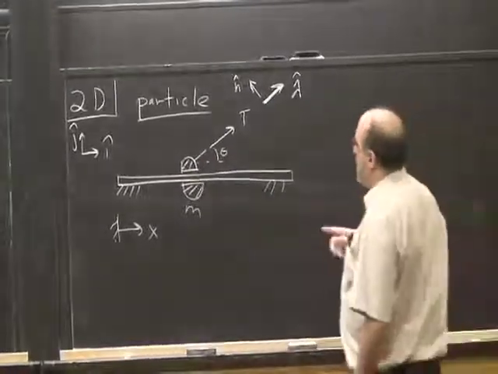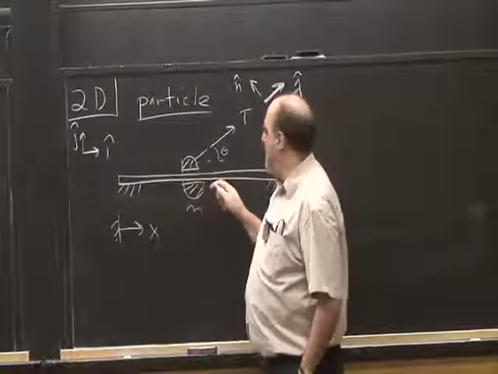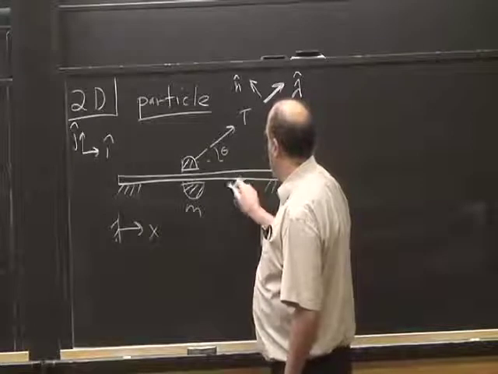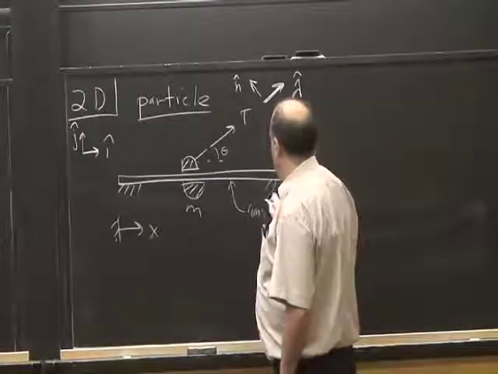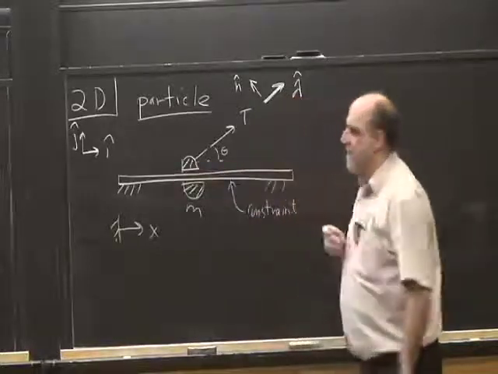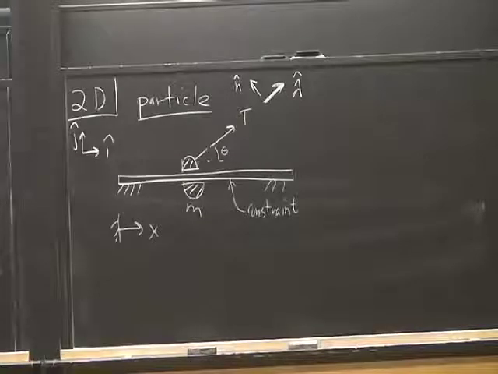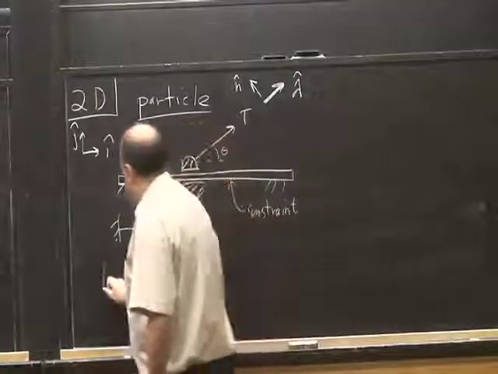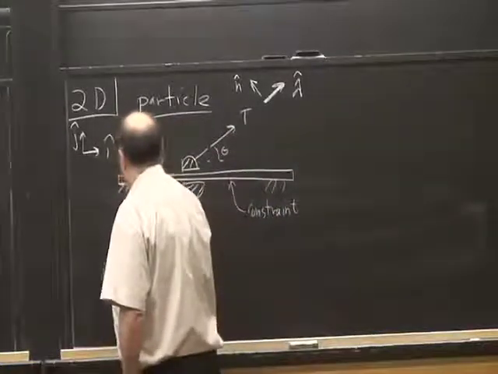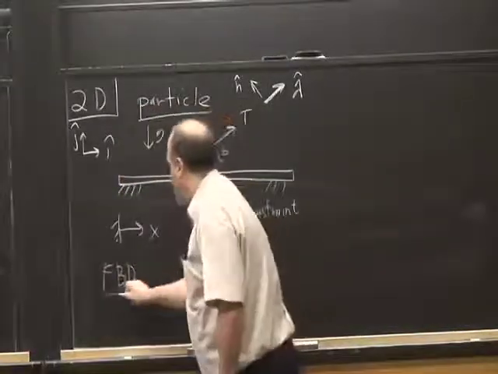What else might we want to know is what is the constraint force? And what do we mean by the constraint force? This rod is a constraint because it enforces this thing to move in this one direction, in this one-dimensional motion. So if we draw a free body diagram of this thing, we can add g to make it more complicated looking.